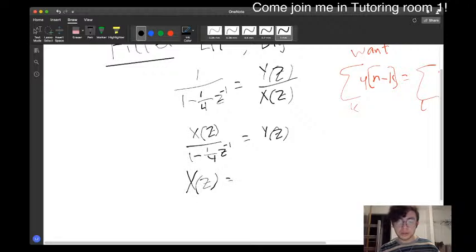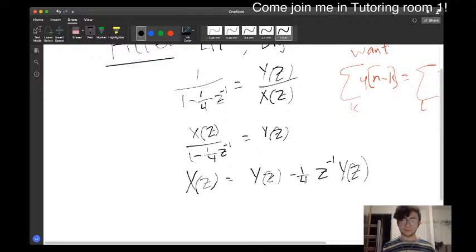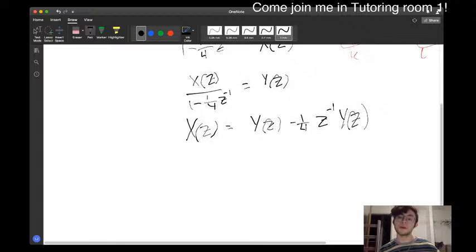So if we distribute, we get Y(z) minus 1/4 z inverse times Y(z). And now we can actually invert the z transform here.